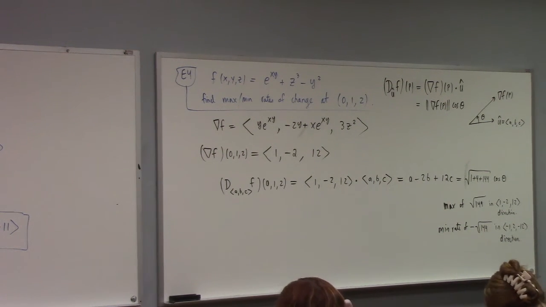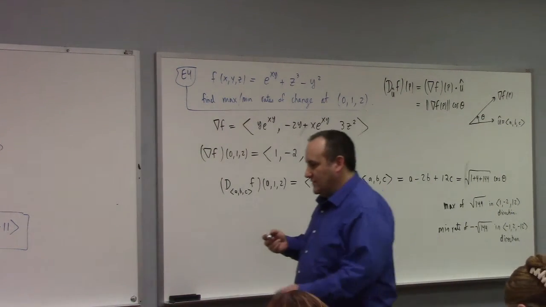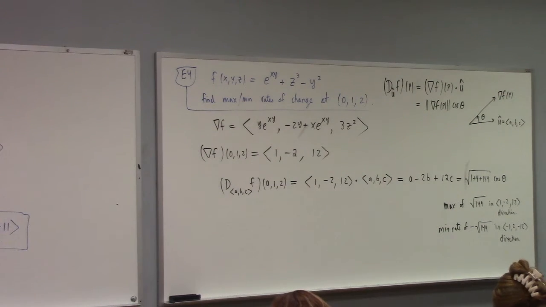Yeah. Isn't the gradient normal at that point? Normal to what? I mean, that's a good question. That's actually a really good question. Let's ask that question. Let me write that question out.